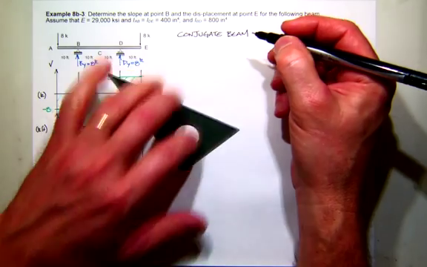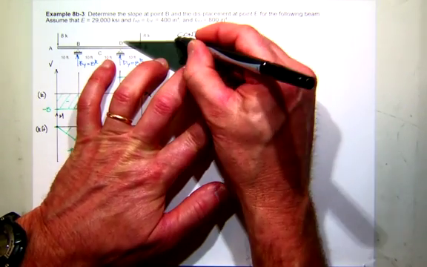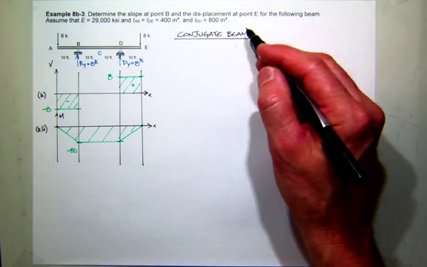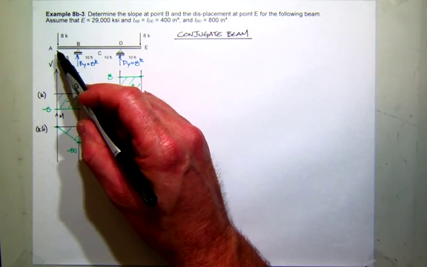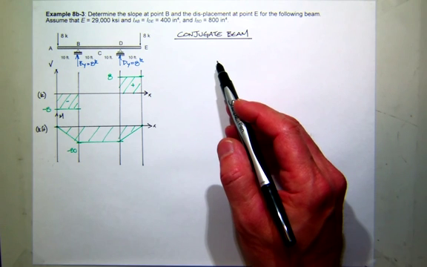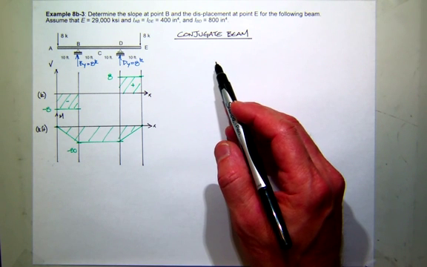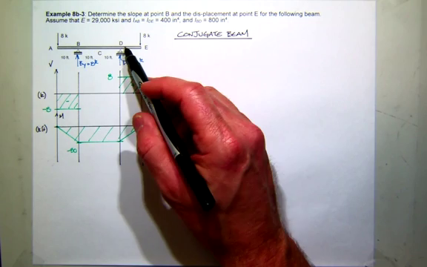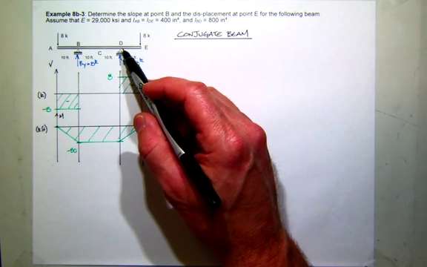Now, if you're already looking ahead, you can probably see that this conjugate beam is not going to be as simple as some of the other ones we worked. So what's going to happen first is, let's look at the end conditions. So they're both free ends. So on a conjugate beam, they're going to be fixed, right? And these internal pins and rollers are going to become what?